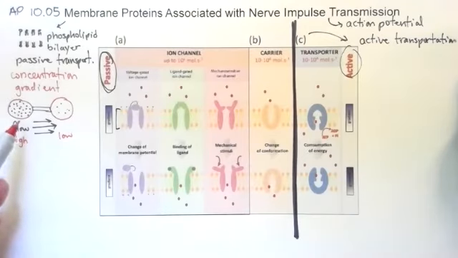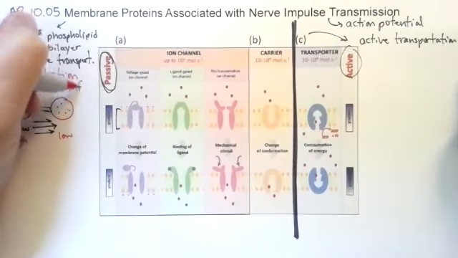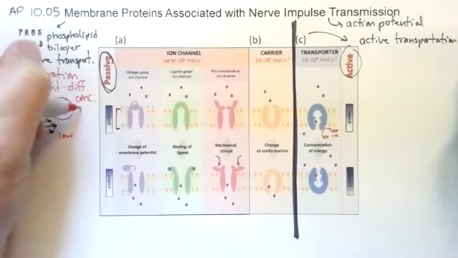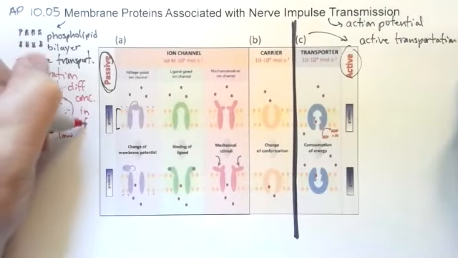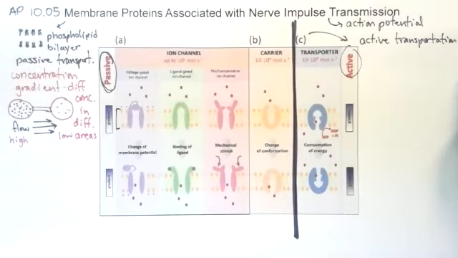Concentration gradient just means that we have different concentrations in different areas. I'm going to abbreviate to save space. That's all concentration gradient is.